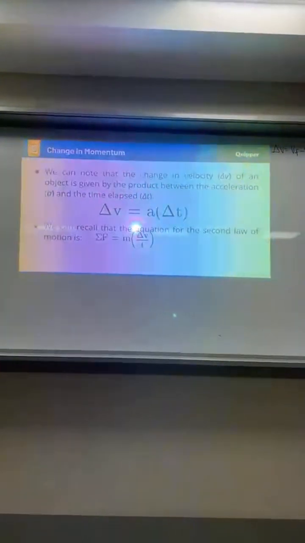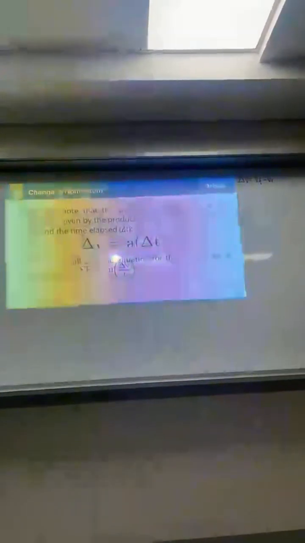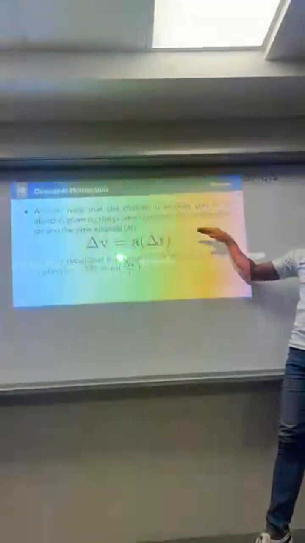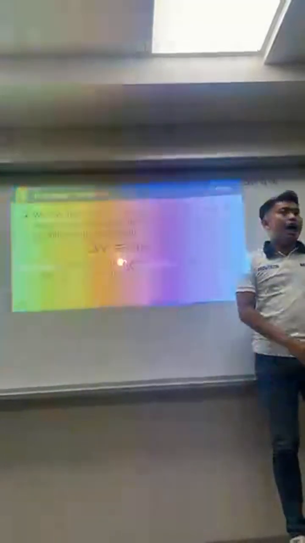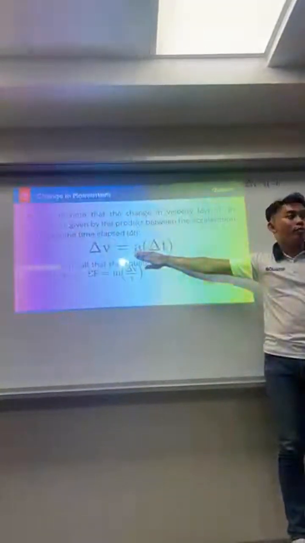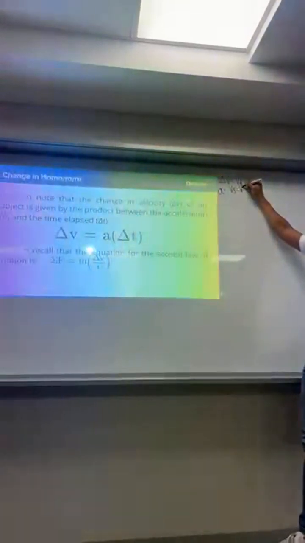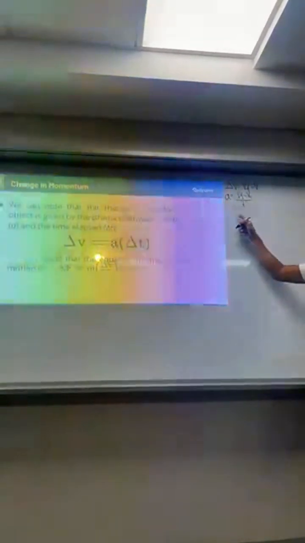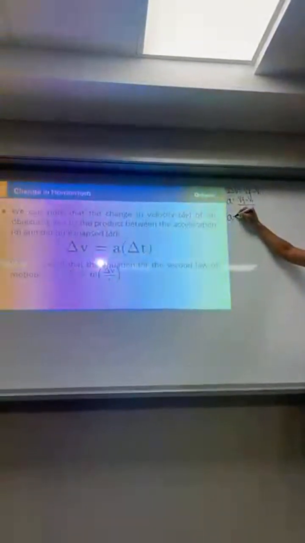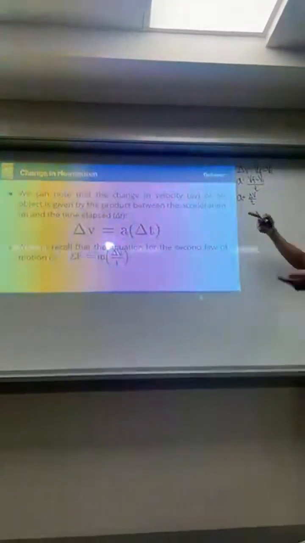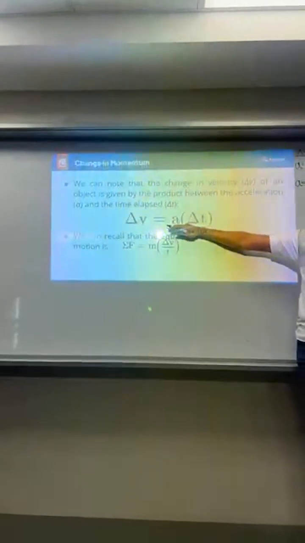The change in velocity of an object is given by the product of the acceleration and the time elapsed. Actually, this formula comes from the formula of acceleration, which is the final velocity minus initial velocity over time. It is just derived, so it becomes like this.